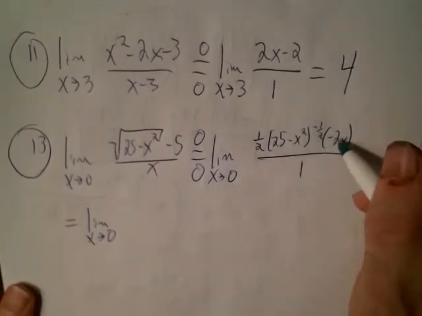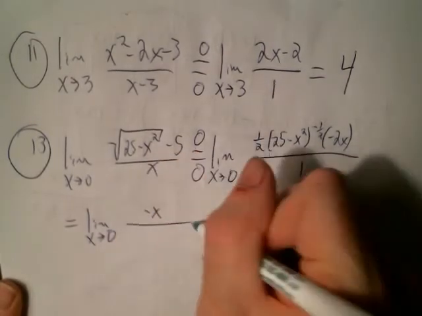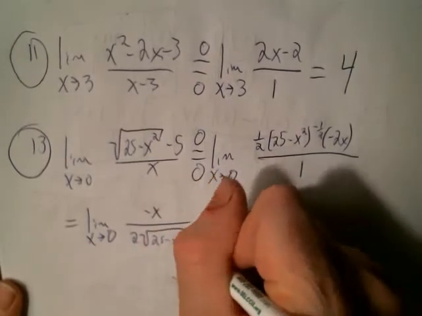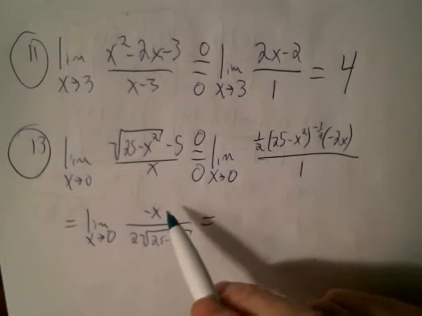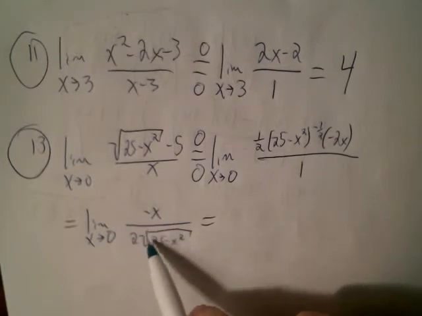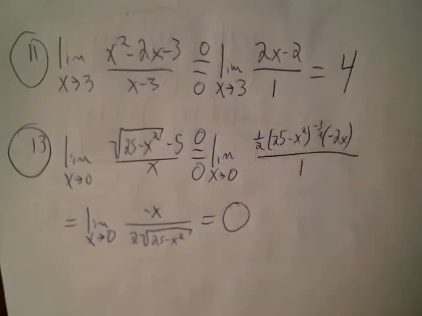Okay, let's clean this up. I'll have negative x all over 2 times the square root of 25 minus x squared. Doing a substitution this time, I get 0 over 2 times root 25, which is 2 times 5, which is 10. So 0 over 10 is 0.